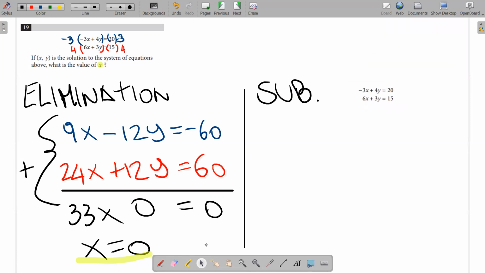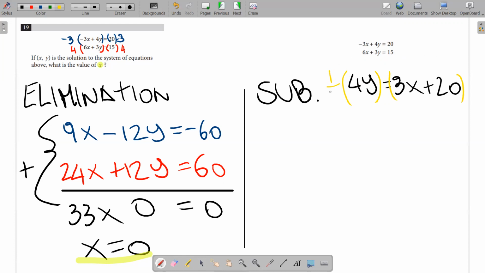That means that for the first one, I will move the -3x in the other side, and now we will have 4y equal 3x plus 20, and then divided everything by 4, or multiply by the reciprocal of 4, which is 1/4.